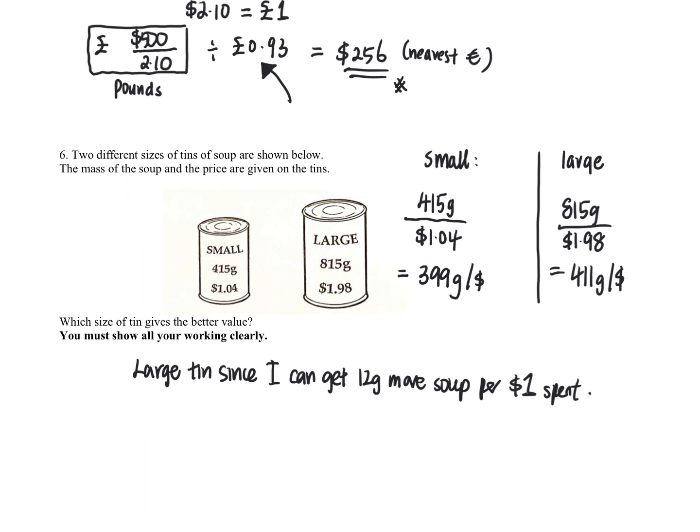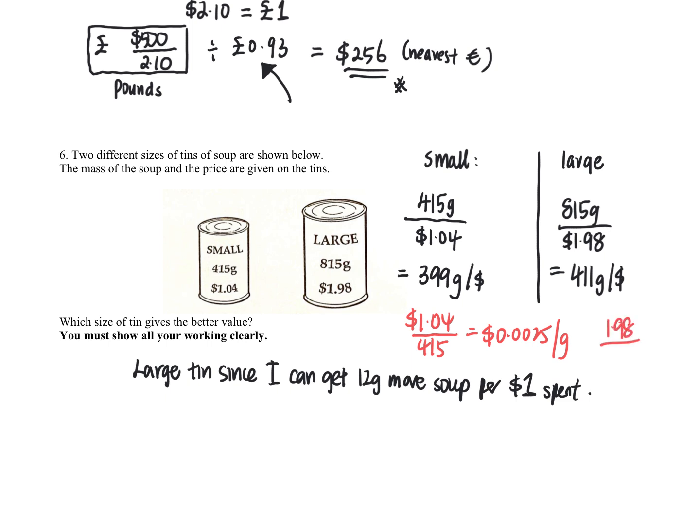But if you don't want to find it this way and you prefer to find how much it costs you per gram, you can also divide the opposite. This one tells you that it is $0.0025 per gram.